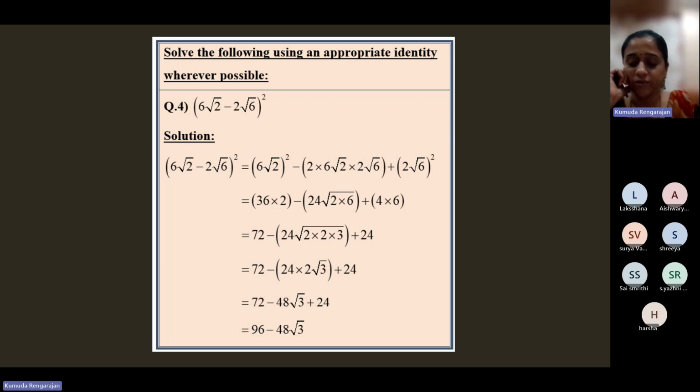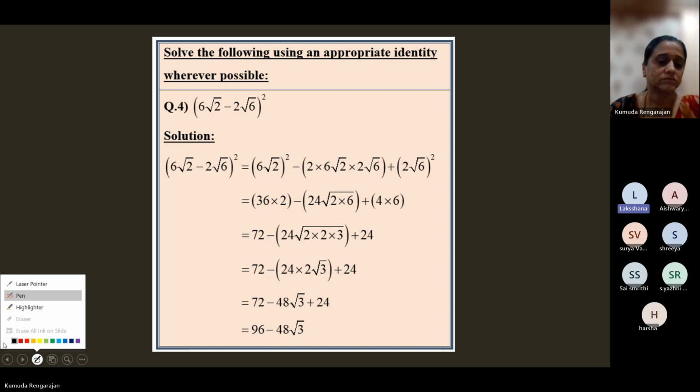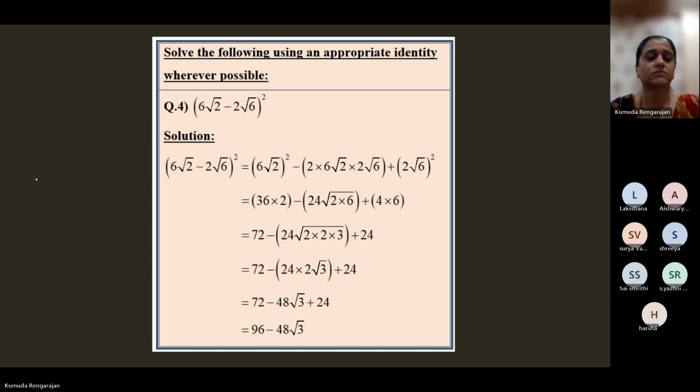What's the answer for the next one? 14 minus 2 root 5. Same answer, all of you? Ma'am, I got a different one. 29 plus 6 root 6.